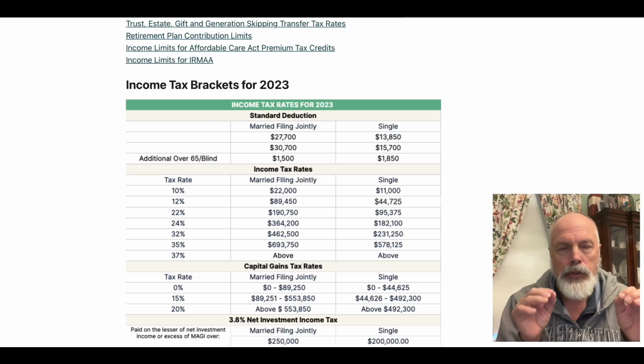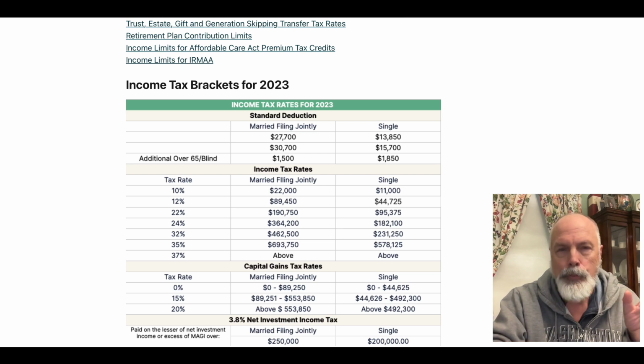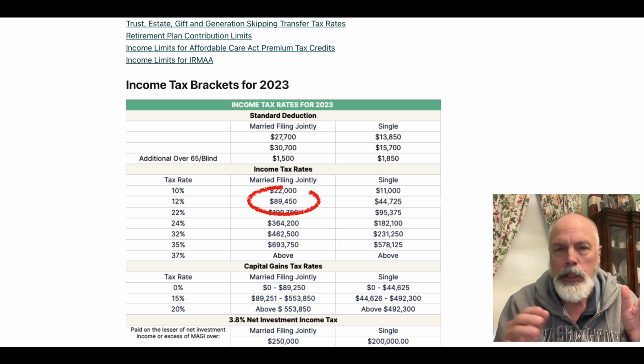In the details of the 2023 Roth Conversion Calculator, NewRetirement draws attention to the tax brackets built into the model. The 12% tax bracket applies to taxable income from $22,000 to $89,450, but the long-term capital gains tax rate of 15% begins with taxable income starting at $89,250.